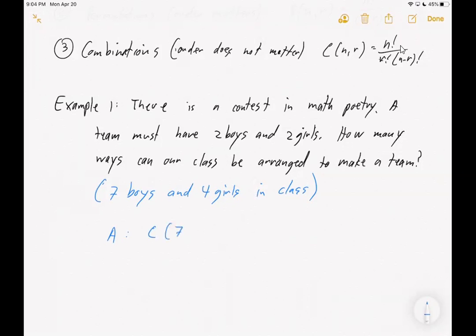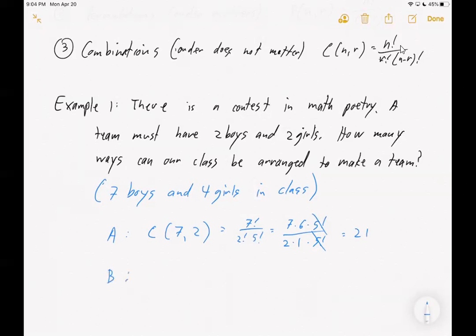We have 7 boys, and we're taking 2 of them. So it would be 7 factorial over 2 factorial, 5 factorial. That's an easy one to do by hand. That would be 7 times 6 times 5 factorial over 2 times 1 times 5 factorial. The 5 factorials cancel, and you're left with 21 ways that we could choose 2 boys.